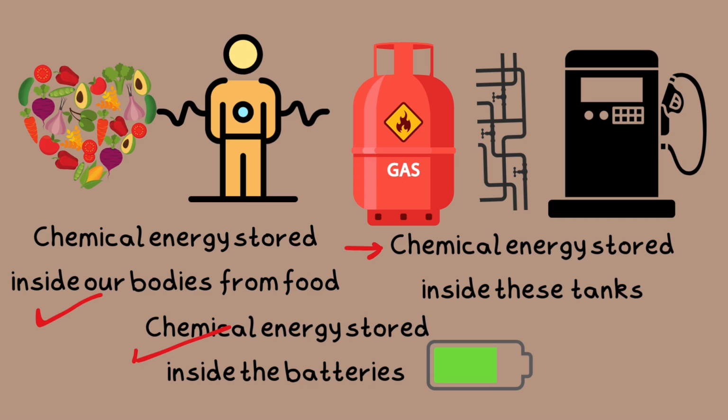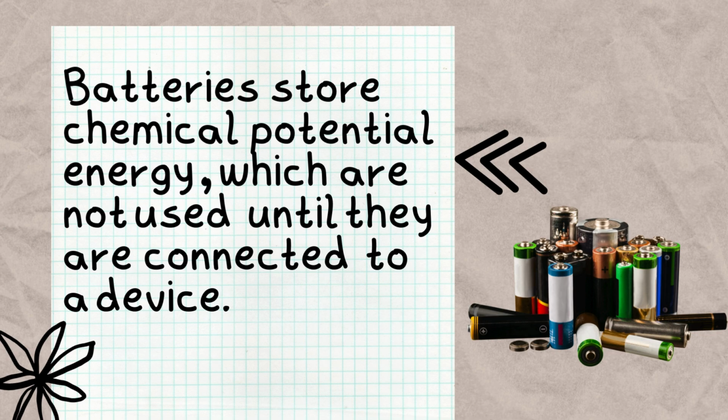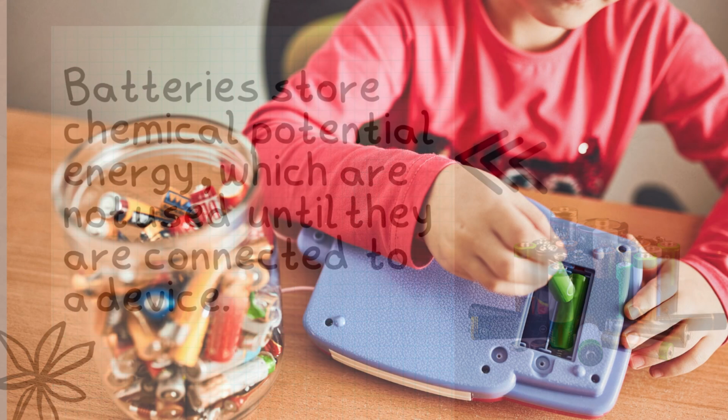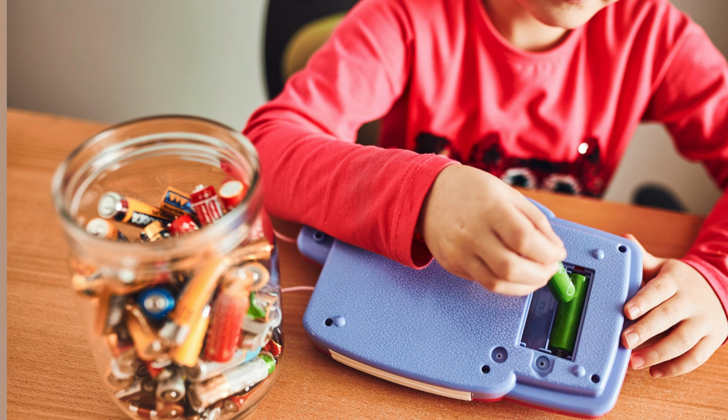As we mentioned, batteries store chemical potential energy until we connect them in a device, such as a toy car or any device that works by batteries. What happens? Here the chemical potential energy will change into another form of energy, making the device work.